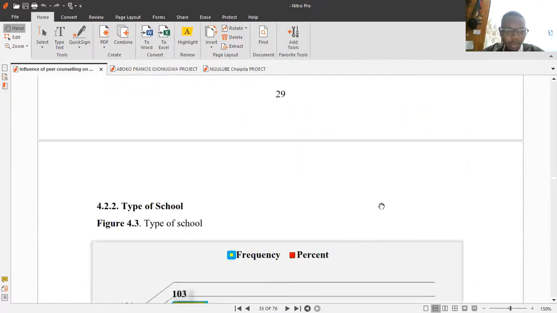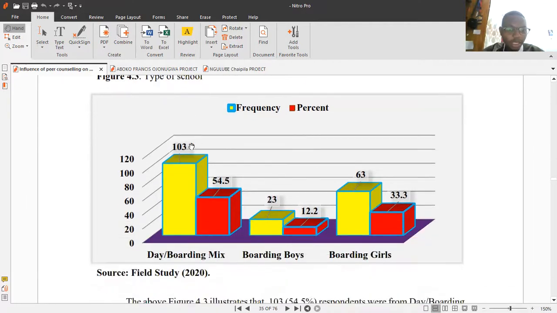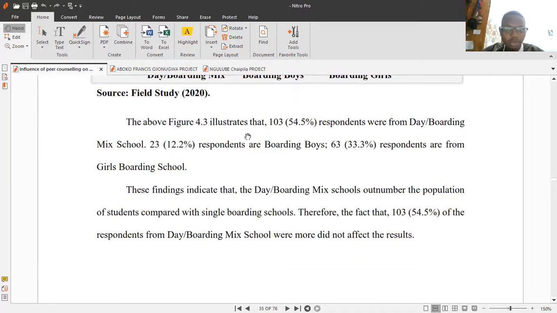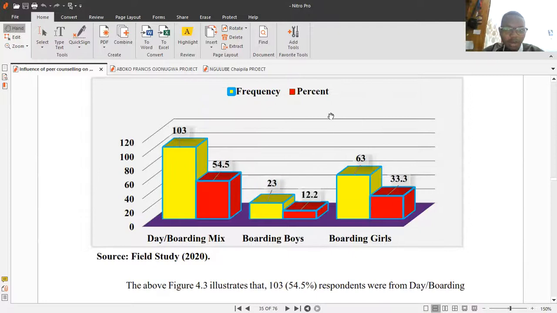All right, so we go now. This is the second point, we have type of schools. Another point that was asked by Simon 2020 as a question. You put them here. You can see the frequency and percentage. We have 3 schools: day boarding mix, boarding boys and boarding girls.